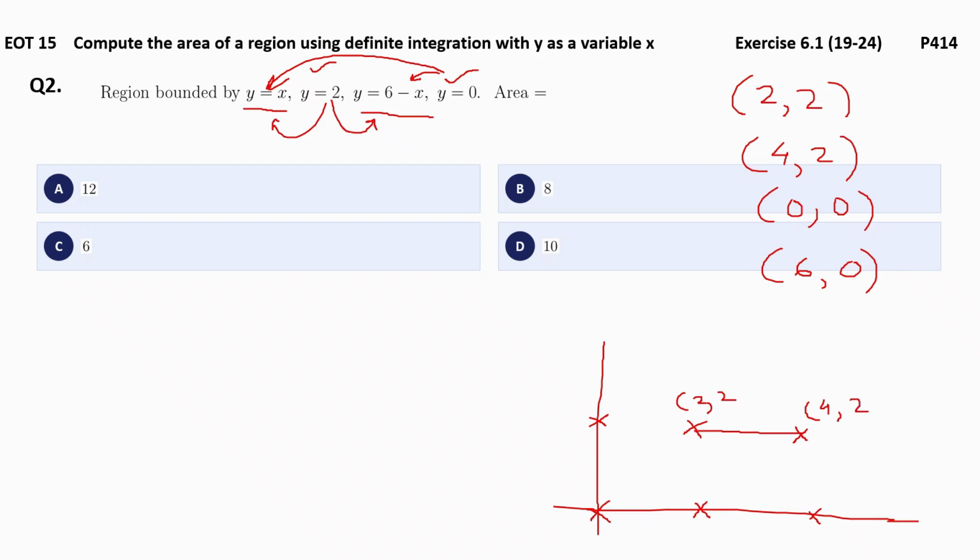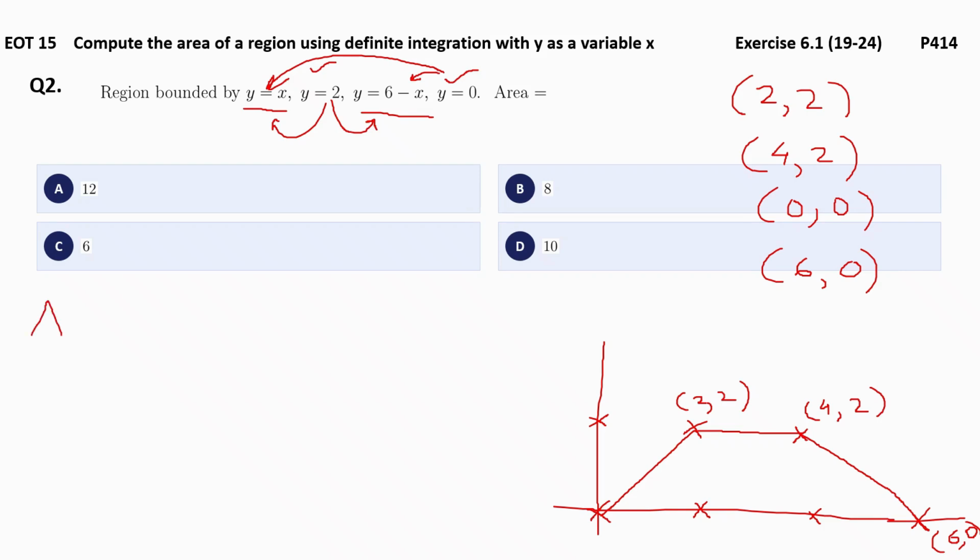And 6, 0 will be again on the x-axis. So how many points? 4 points. Let's connect all those 4 points. So from 0 to 2, 2, then 2, 2 to 4, 2, a straight line, and then over here. So it is an enclosed figure and the figure looks like a trapezium.